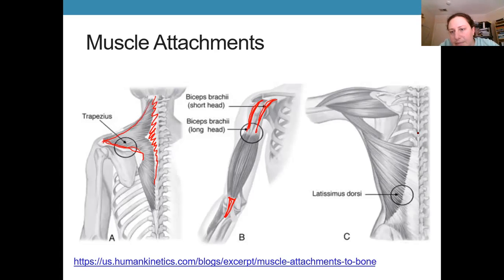And then up here we have another direct attachment of the deltoid, and then another aponeurosis on the latissimus dorsi. So different types of attachments just based on what the muscle is. You can see some of them are very broad, some of them are very narrow.